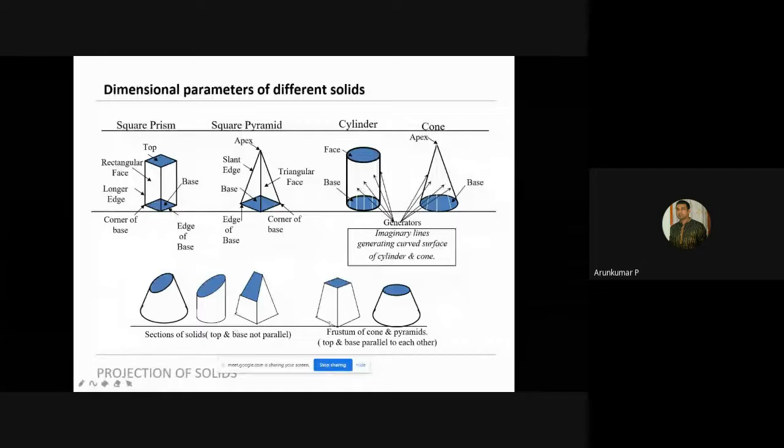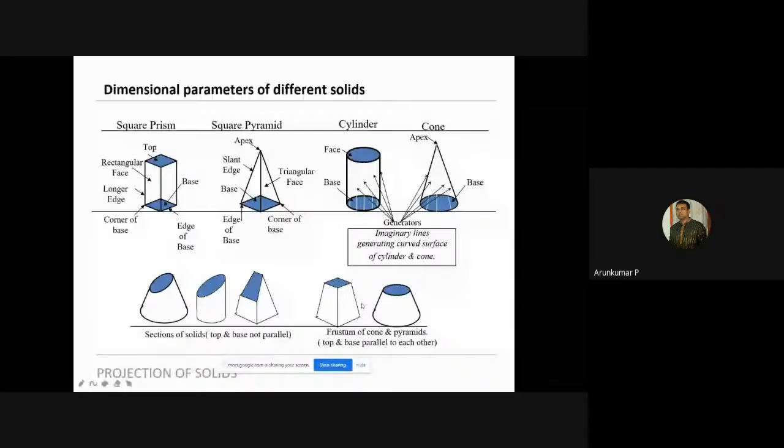What you find here is the cutting plane in the cases of a frustum, in these 2, is parallel to the base. That is why you get this shape. So you call it a frustum of a cone or a pyramid.